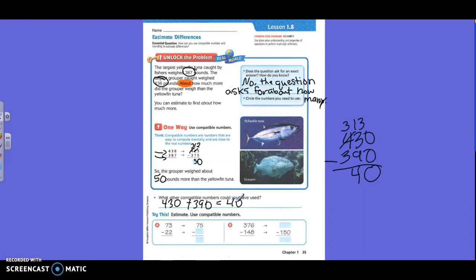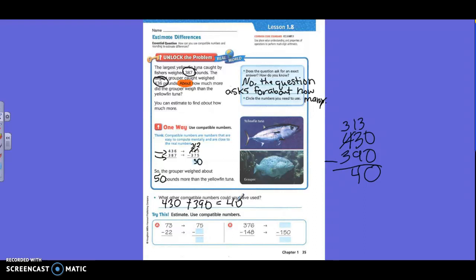Okay, now we are estimating and using compatible numbers. So on part A, they estimated 73 to 75. They used compatible numbers, made 75. What would you make 22? Using compatible numbers, what would you like to make 22? I would make it easy to subtract.